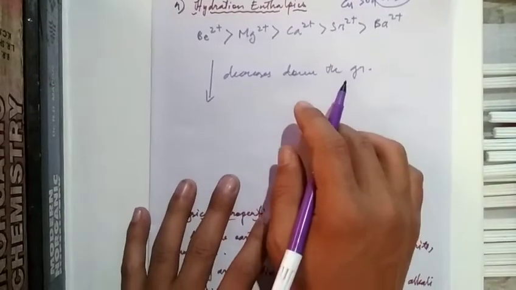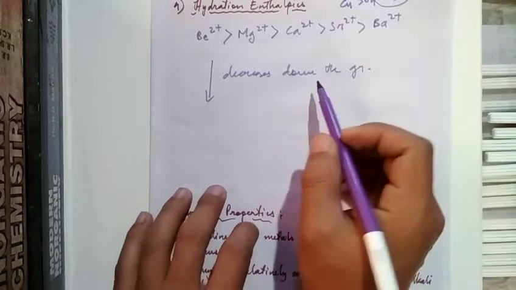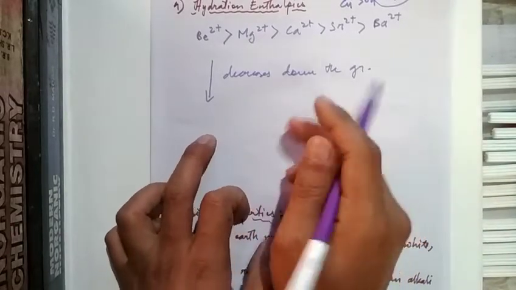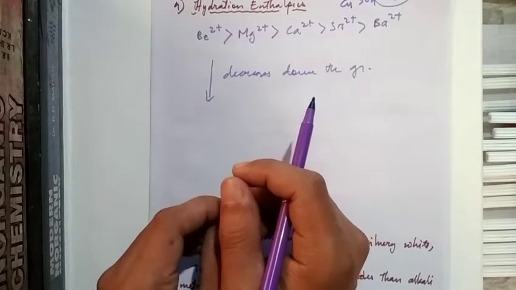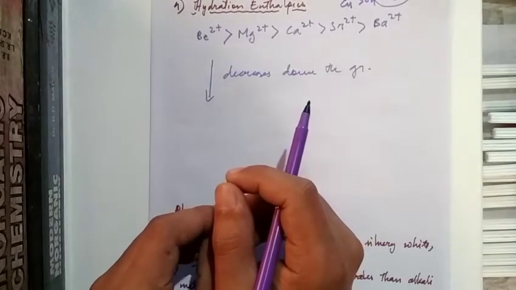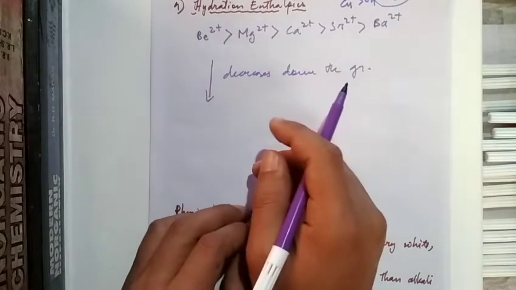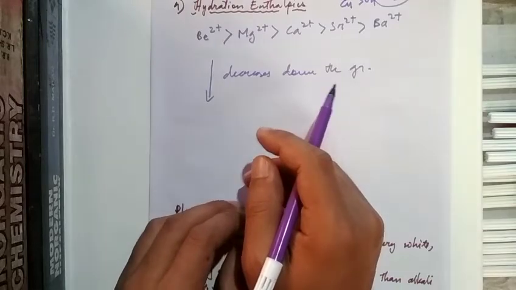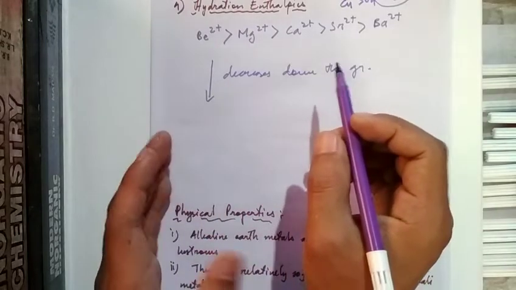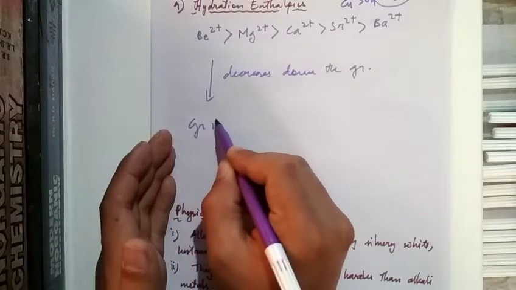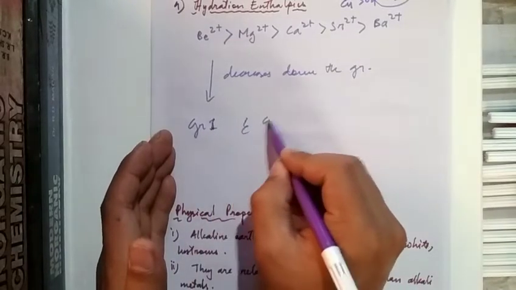Now we'll compare the hydration enthalpies with the group 1 elements also. We have discussed the size of group 1 and group 2.